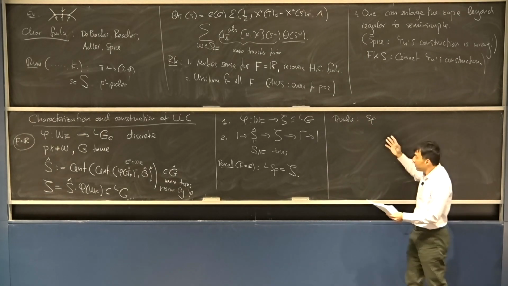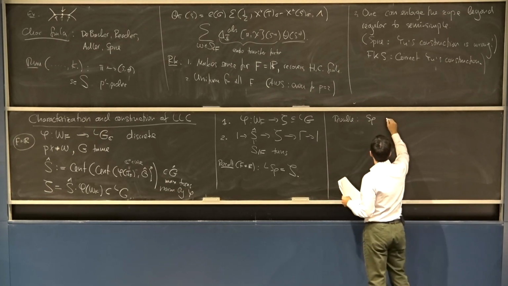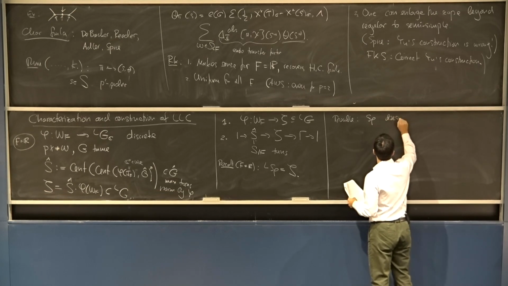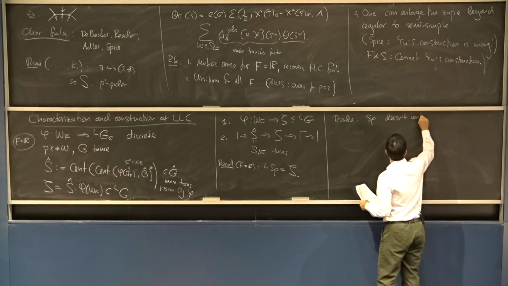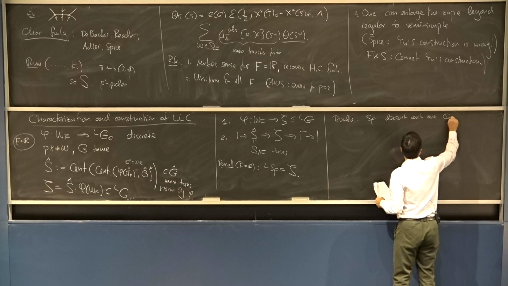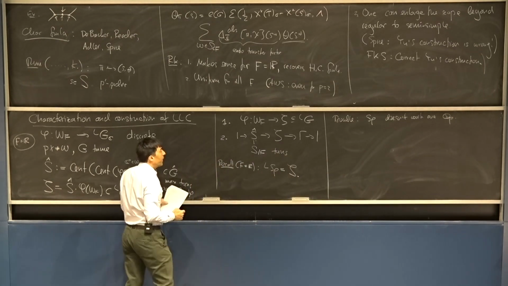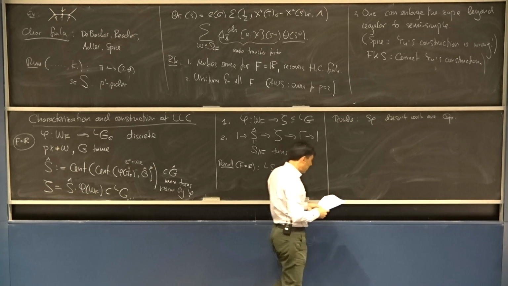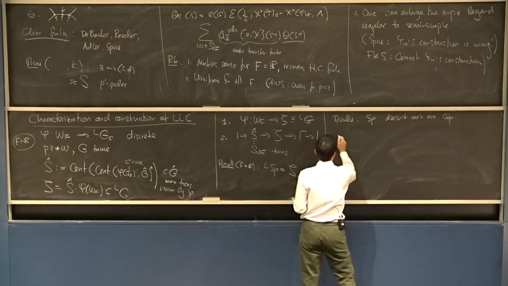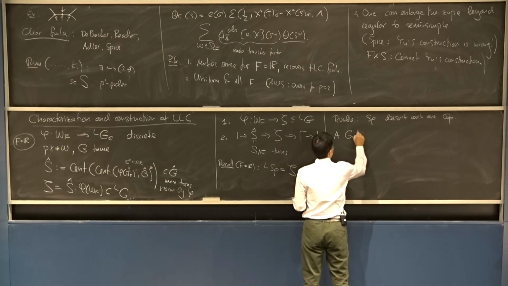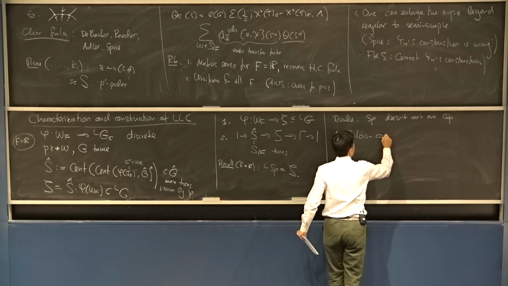You can define it in this setting with the same definition, but this doesn't work over Q_p. In fact, theses were written on this subject. This was tried for many years, but it didn't work. But something else does work. A Galois construction works.